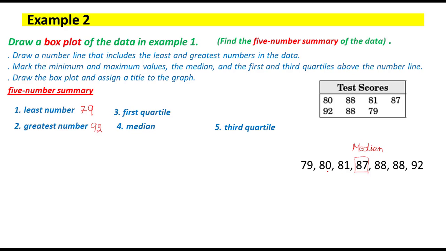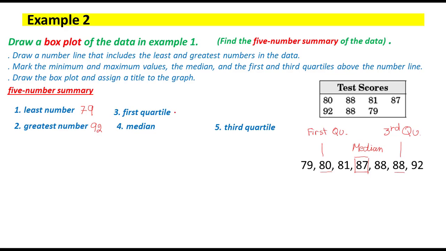The number exactly in the middle, which means the median of the first part, is the first quartile. The number exactly in the middle here is 80. This is my first quartile. And in the last part, the number in the middle is 88, and this is called the third quartile. Now we have all of the information that we need.